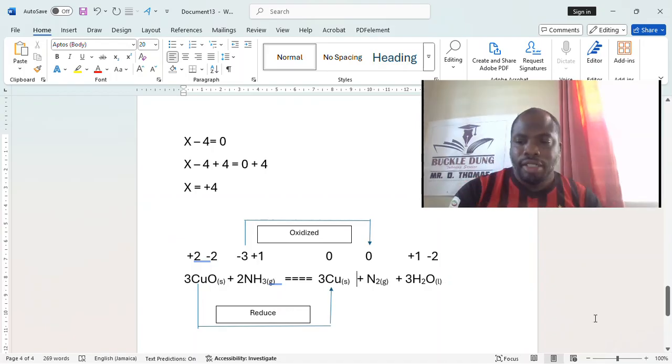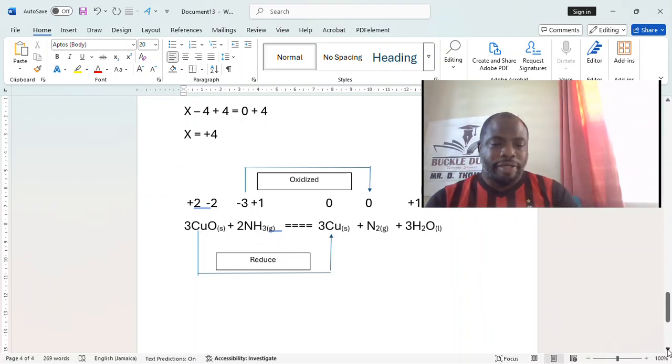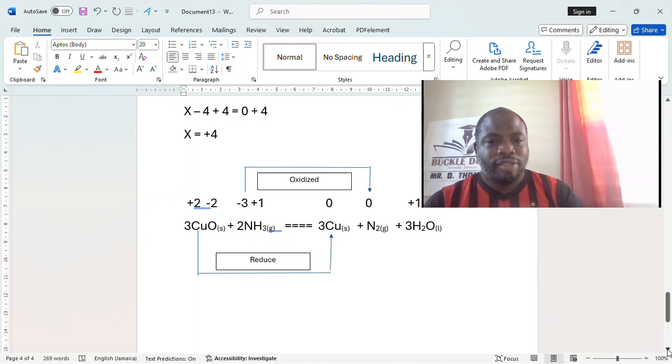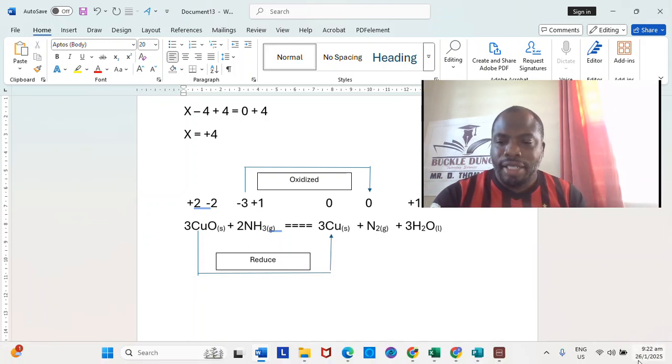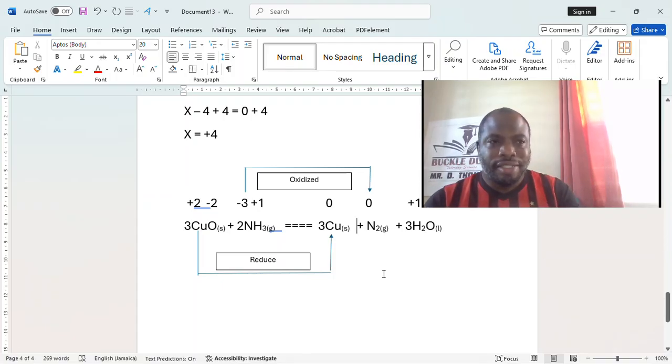So I'm going to take it a little bit further now. We have two terms: oxidizing agent and reducing agent. My oxidizing agent is the substance that is causing oxidation to occur.